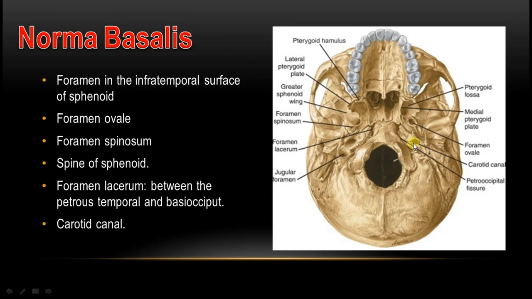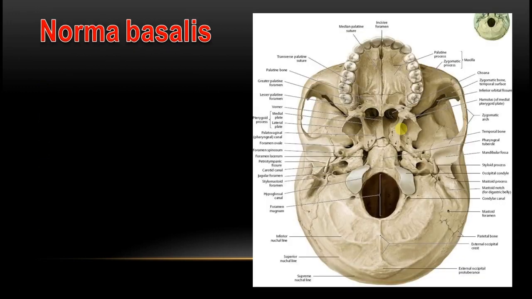So the internal carotid artery will enter vertically, and then it will turn like this transversely, and then it will pass through the foramen lacerum. So carotid canal has two openings. Lower opening is here, and the upper opening is seen in the posterior part of the foramen lacerum, the carotid canal, which transmits the internal carotid artery.